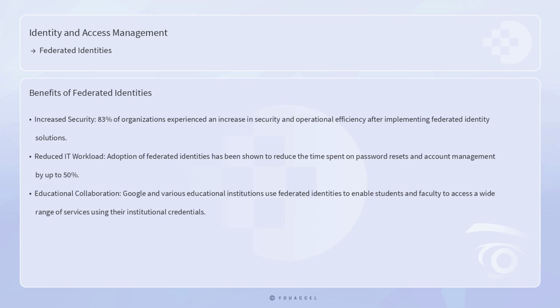The benefits of federated identities are supported by various statistics and real-world examples. For instance, a survey conducted by the Identity-Defined Security Alliance found that 83% of organizations experienced an increase in security and operational efficiency after implementing federated identity solutions.